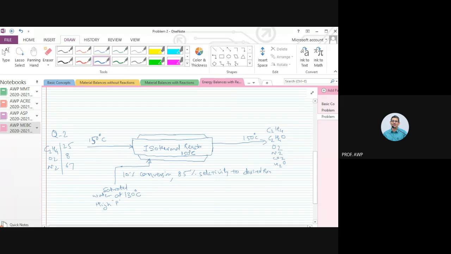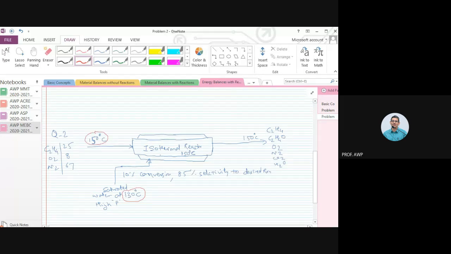Steam table. This water will pick up the heat from the reactor, so that the heat generated by reaction is removed by that water. This water is at a lower temperature than the reactor.